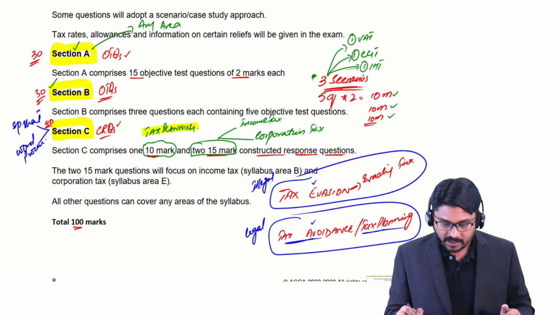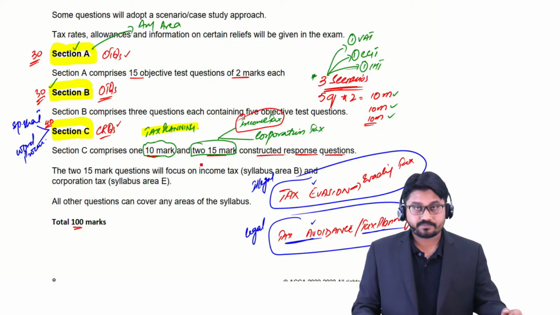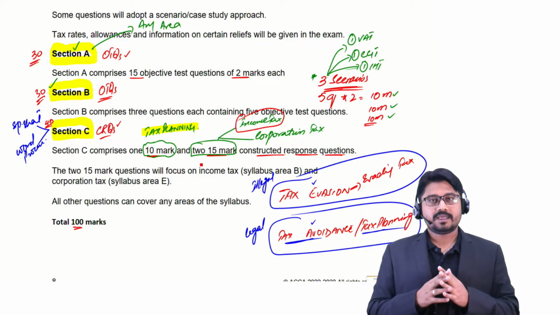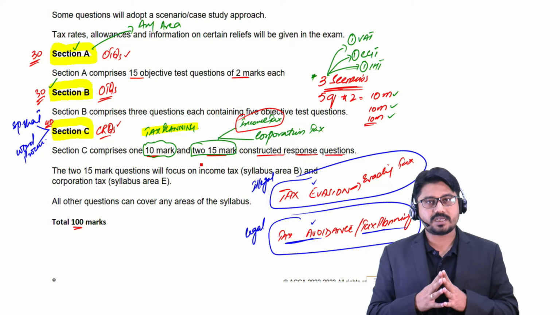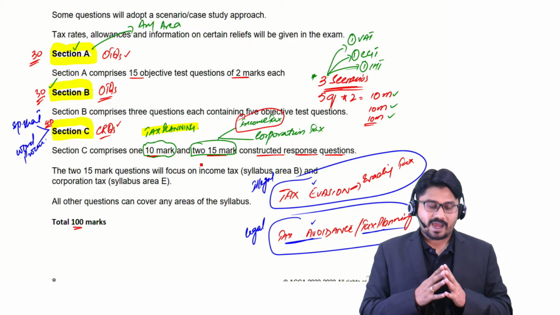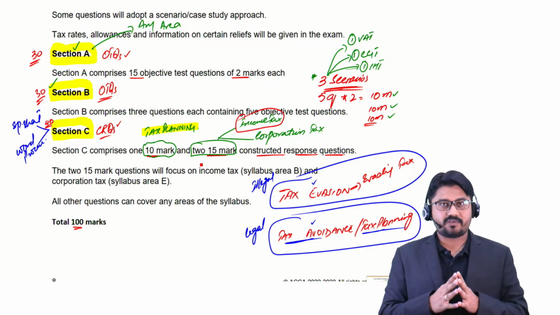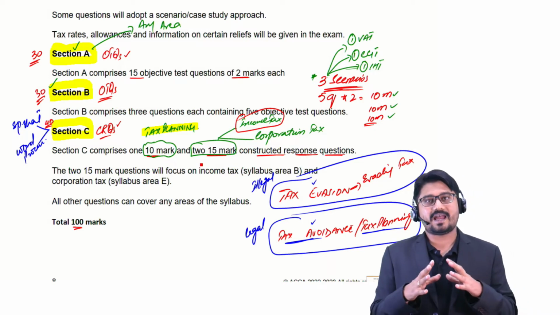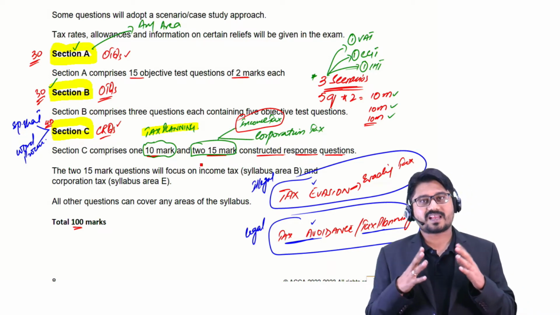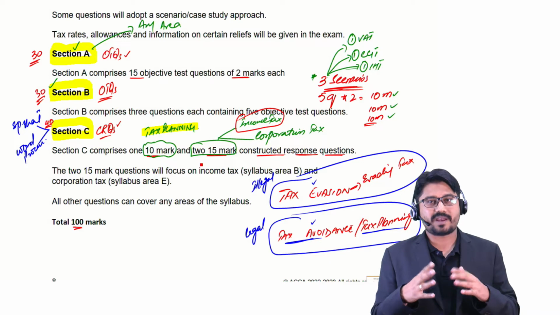Now, what exactly is the meaning of income tax? I'm guiding you on the relevant areas tested in section C and section B. I started with the 10-mark question of tax planning, and elaborated what tax evasion and tax avoidance are, and that tax planning is tax avoidance.